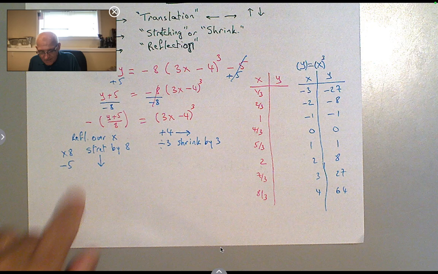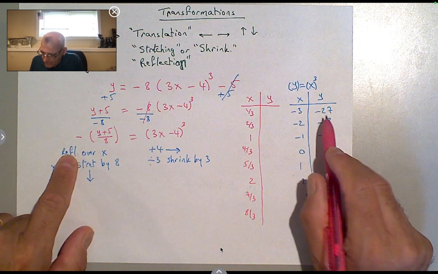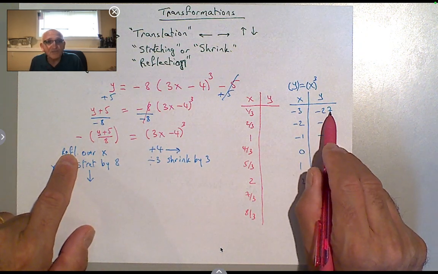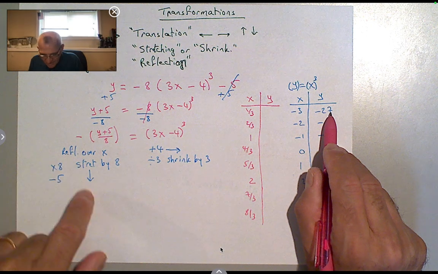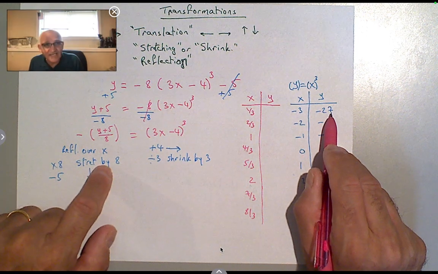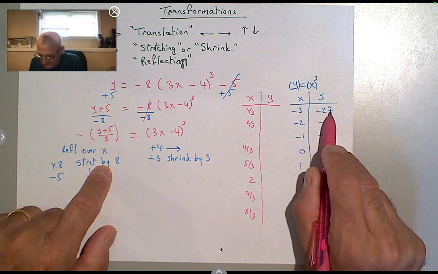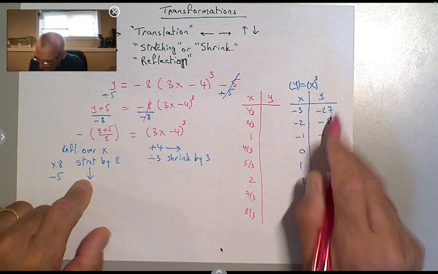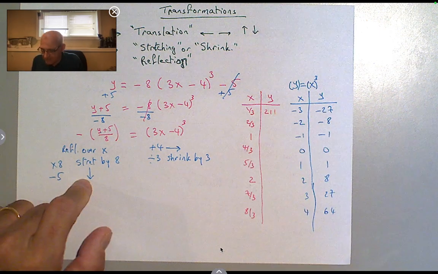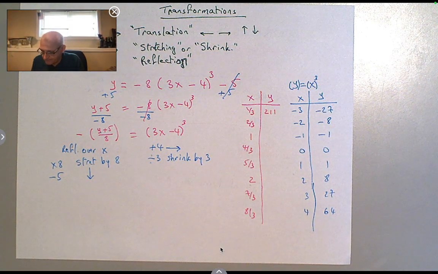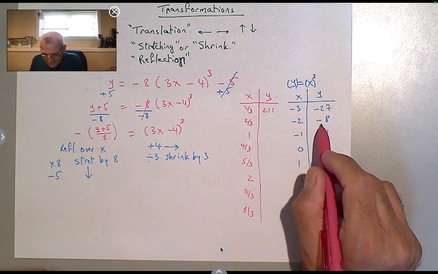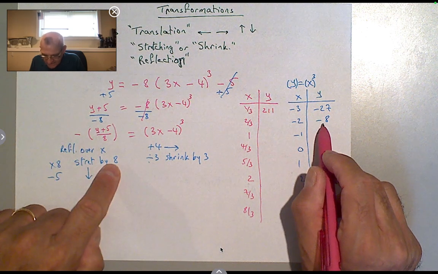For the y, we change the sign of y. So negative 27 becomes positive 27. Then you're going to multiply it by 8. See why I said it's horrible? You get 216. And then you subtract 5, so you get 211 if I did the math correctly. The negative 8 becomes 8. Multiplied by 8, 64.